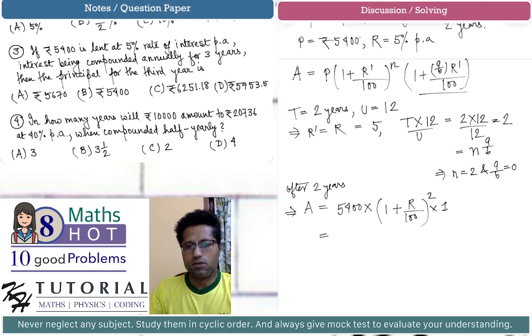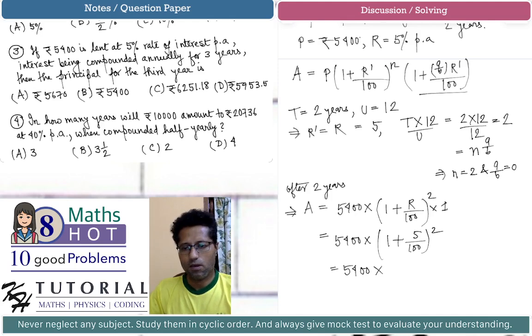So this is equal to 5400 multiplied by (1 plus 5 by 100) squared.